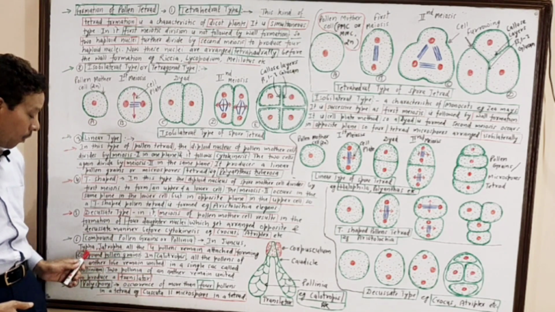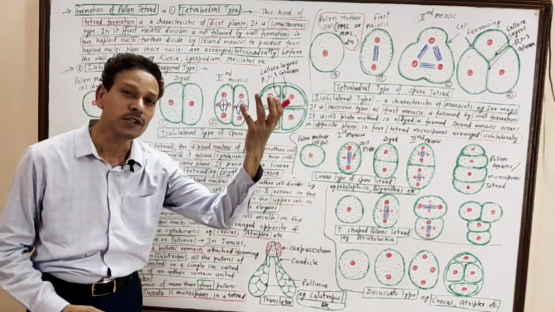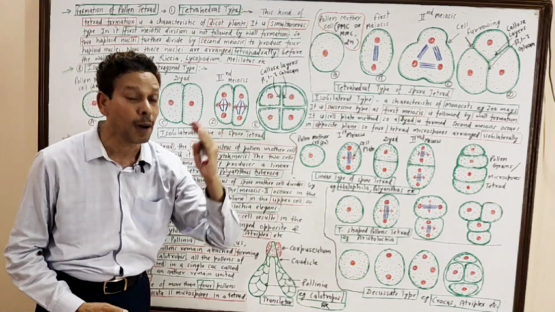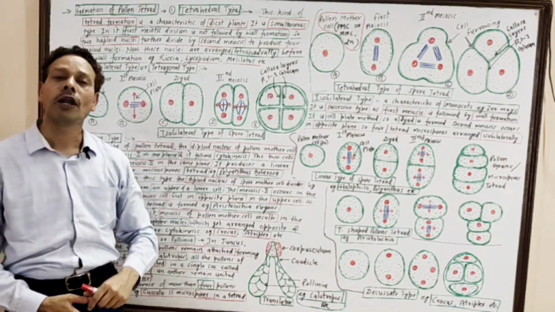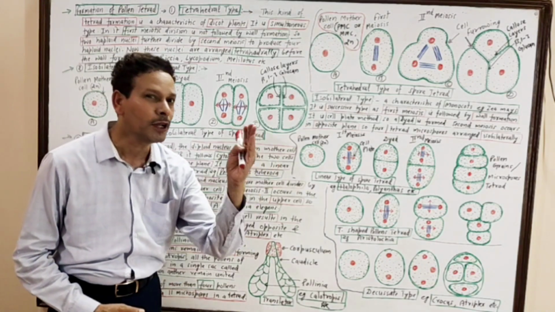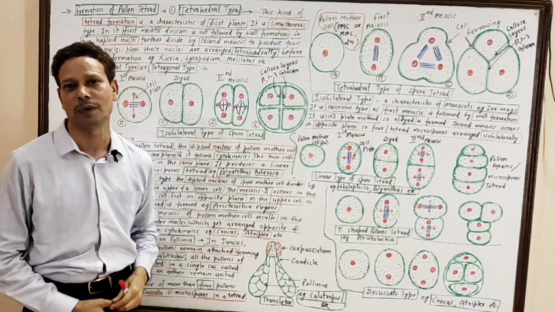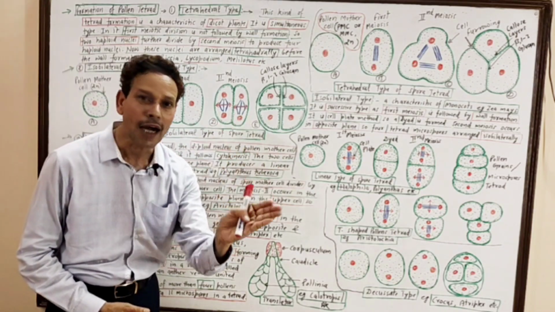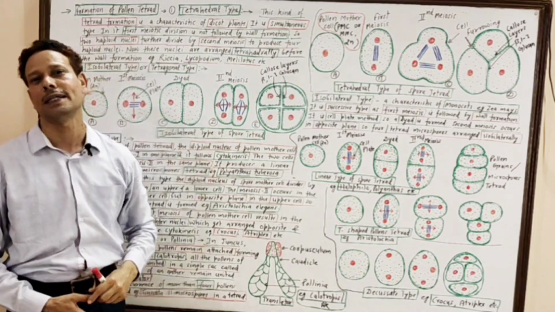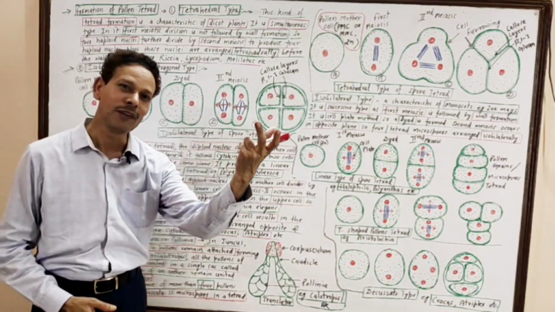Polyspory, very important for competitive exam students. In case of Cuscuta, Amarbel, Akashbel, a parasitic plant, in a pollen tetrad, after the formation of four microspores, means after meiosis, that meiosis produces haploid pollens, mitotic divisions occur.